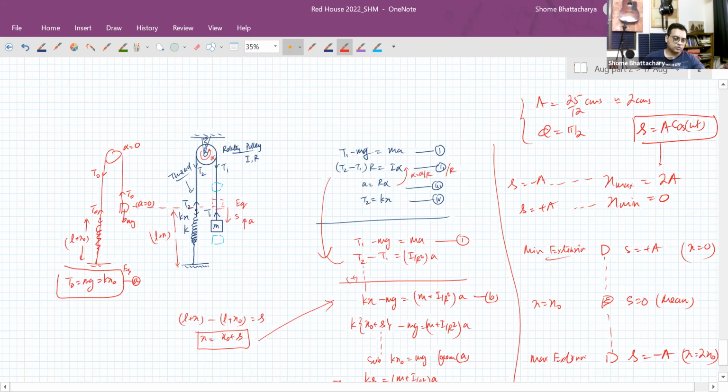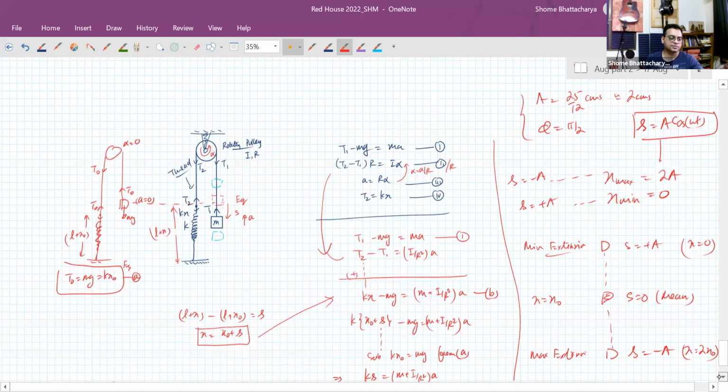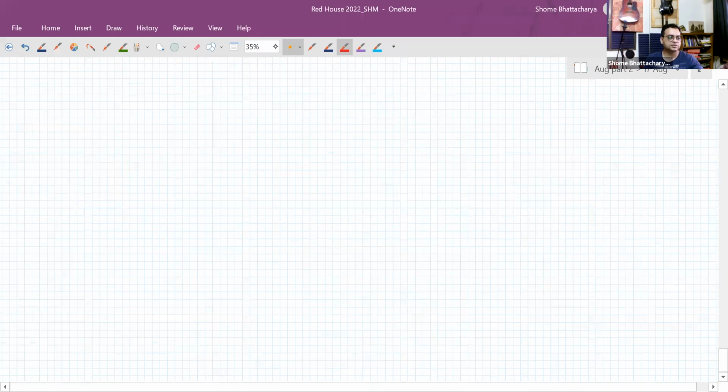And as the block does its SHM up and down, the rotating pulley will be going like this and like this, alternately clockwise and anti-clockwise. It will be doing what we call an angular harmonic motion. The angular displacement of the pulley, that also you can understand that there is a relationship between the angular displacement of the pulley and the linear displacement of the block.